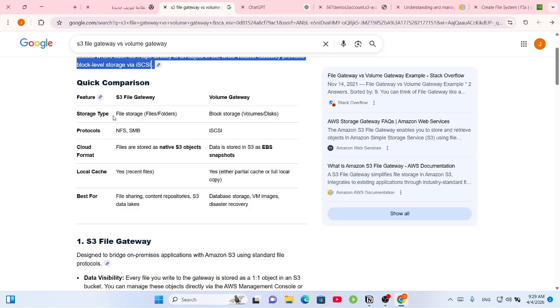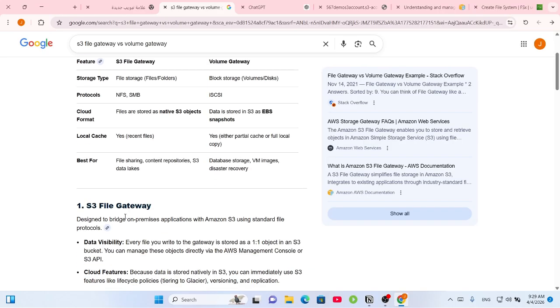So file storage: files are stored as native S3 objects. Local cache, yes, but recent files only. Everything we write to the gateway is going to the S3 bucket.